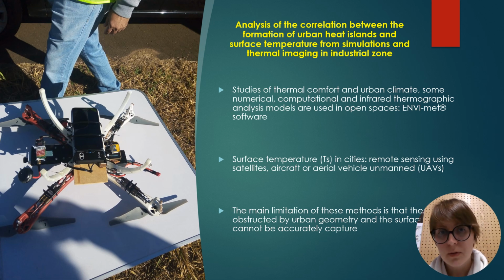The measurement is performed through remote sensing using satellites, aircraft, or unmanned aerial vehicles (UAV). The main limitation of these methods is that the camera is obstructed by urban geometry and the surface temperature can be not accurately captured.